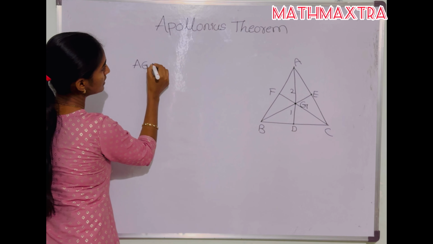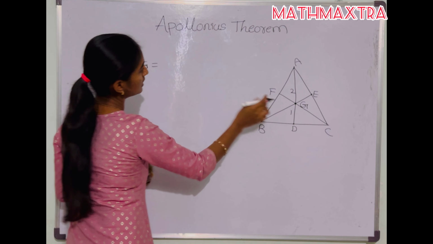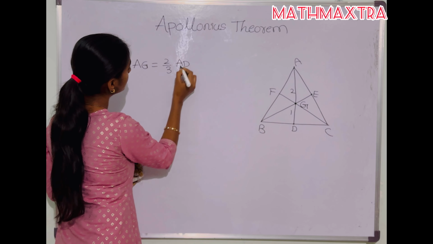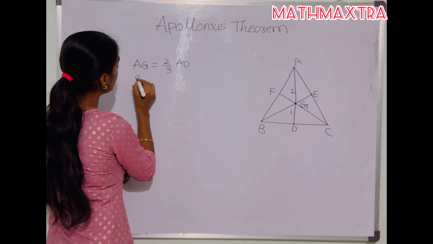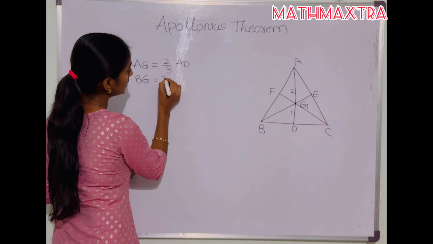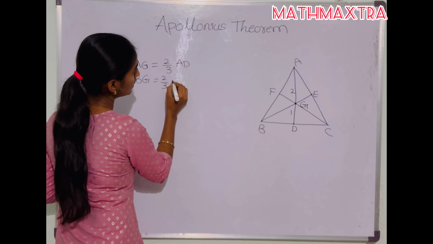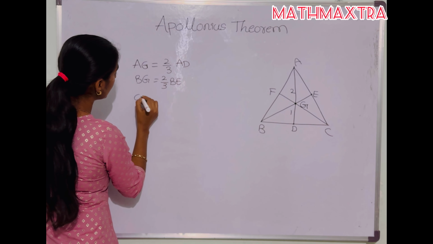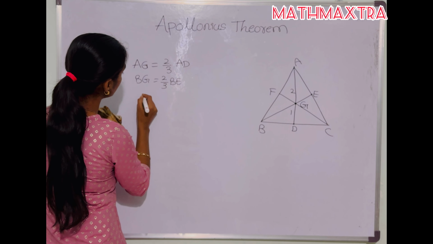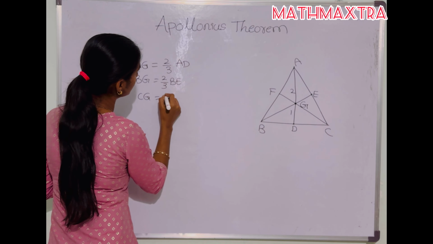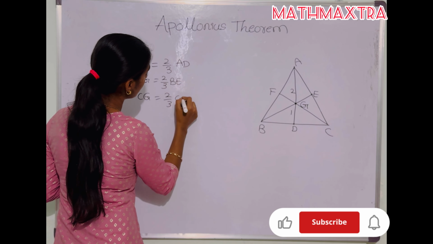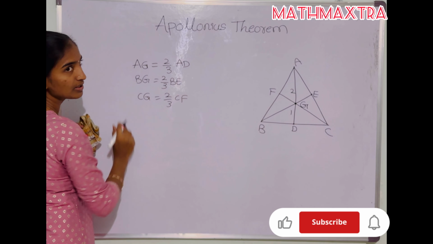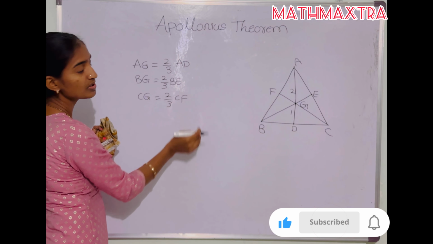AG is equal to 2/3 of AD, right? Similarly, BG is equal to 2/3 of BE, and CG is equal to 2/3 of CF. You add all the left side terms on the left side, right side terms on the right side.